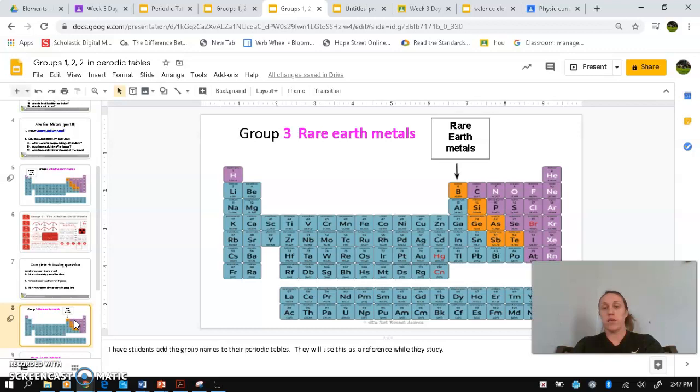The last one is rare earth metals, and that name is very deceiving. We have boron and we have aluminum. These are actually the two most common elements in our soil. However, aluminum is not found as an ore like you would have for copper or iron or lead.